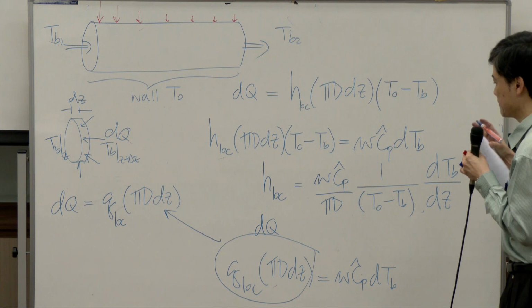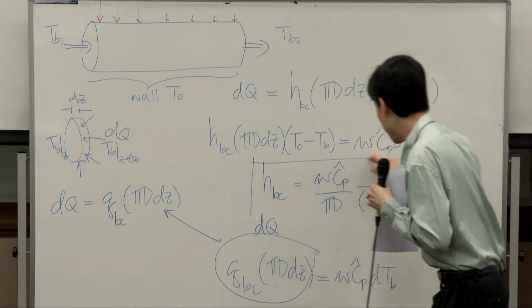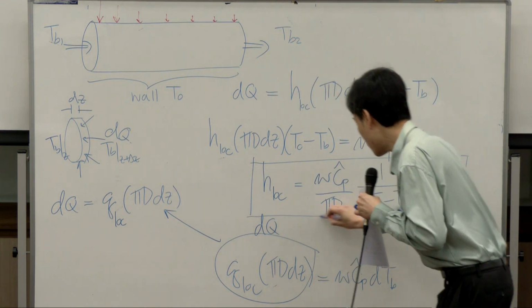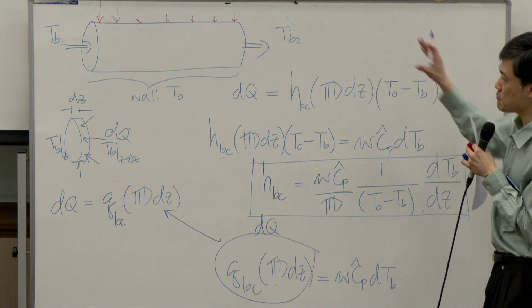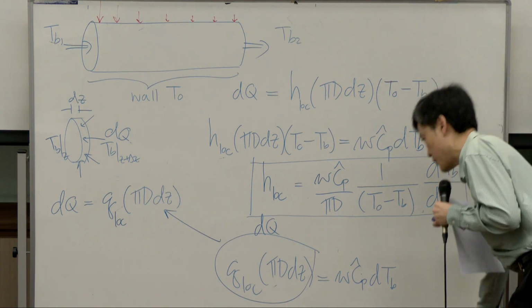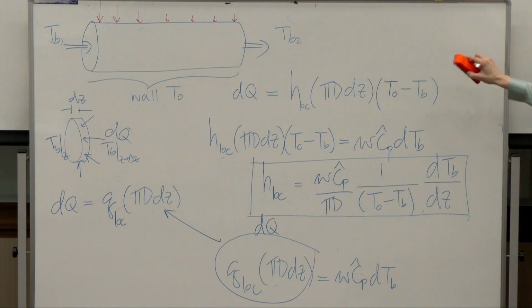All right? So I'm going to keep this one in mind for the moment. This is the local heat transfer coefficient for this particular example. All right? Now on this side of the board, it is the microscopic approach. So I'm going to do the macroscopic approach on this board.